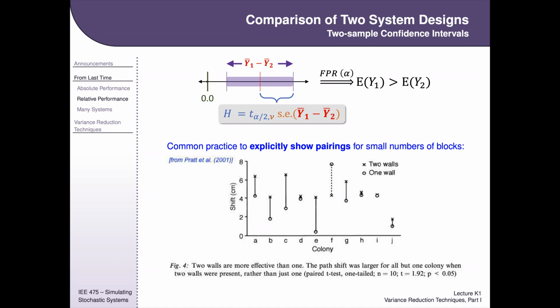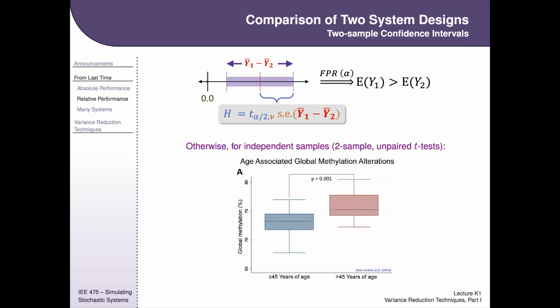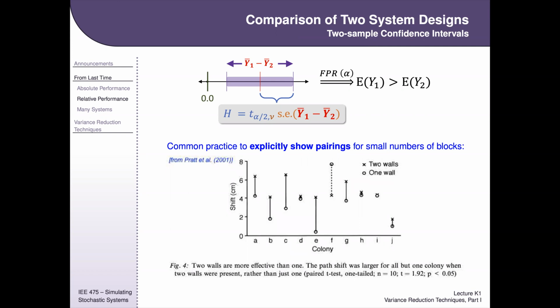You can take all of these differences between the X's and the O's, and you can then plot a bar plot or a box and whiskers plot just of those differences. That will summarize that most of the differences here are positive. There was one where the trend was flipped, but the rest are positive.